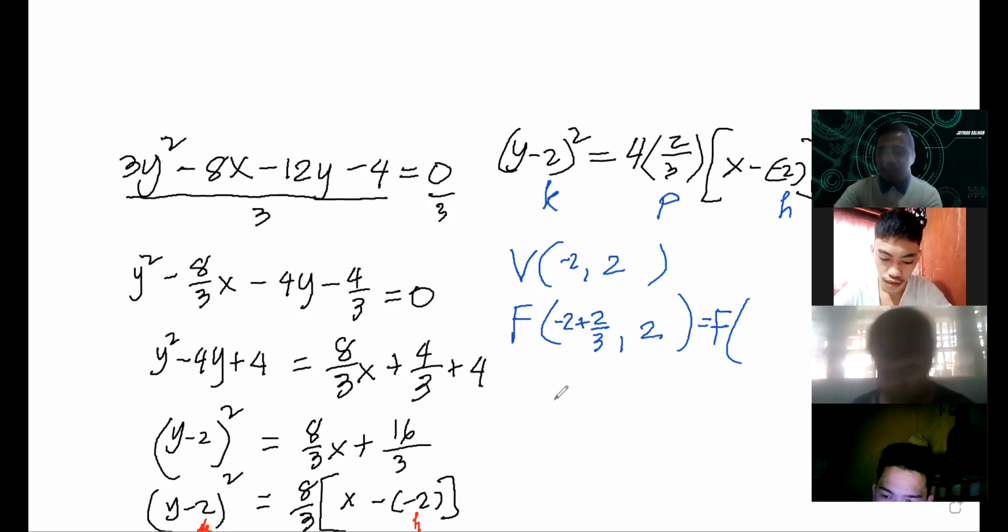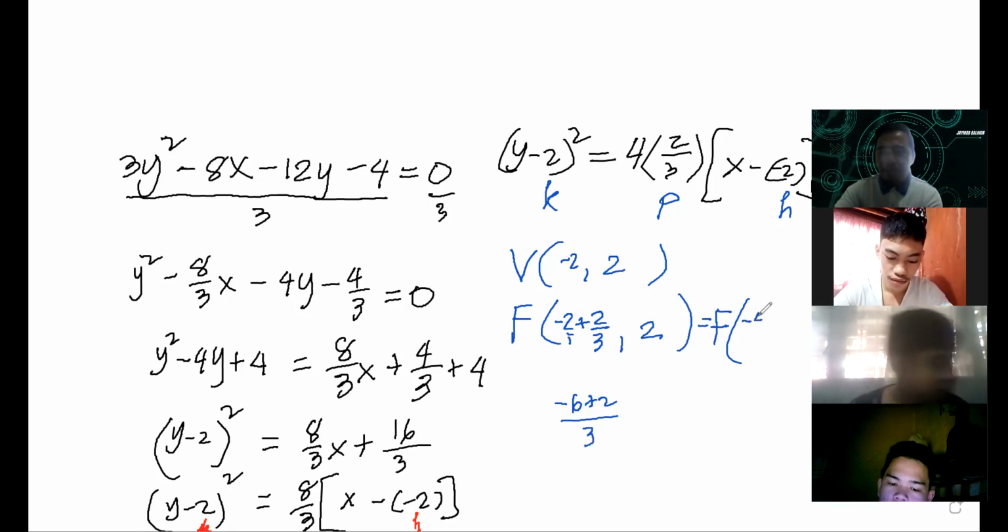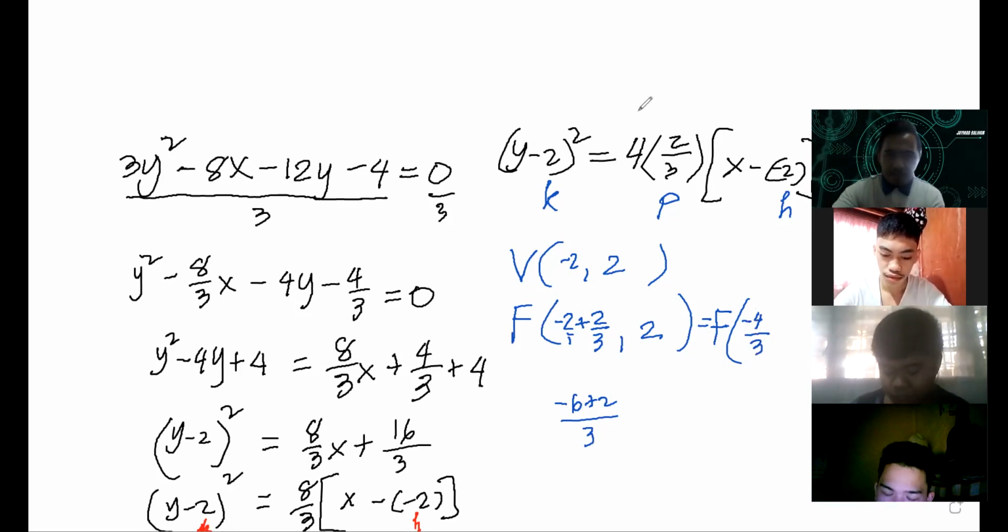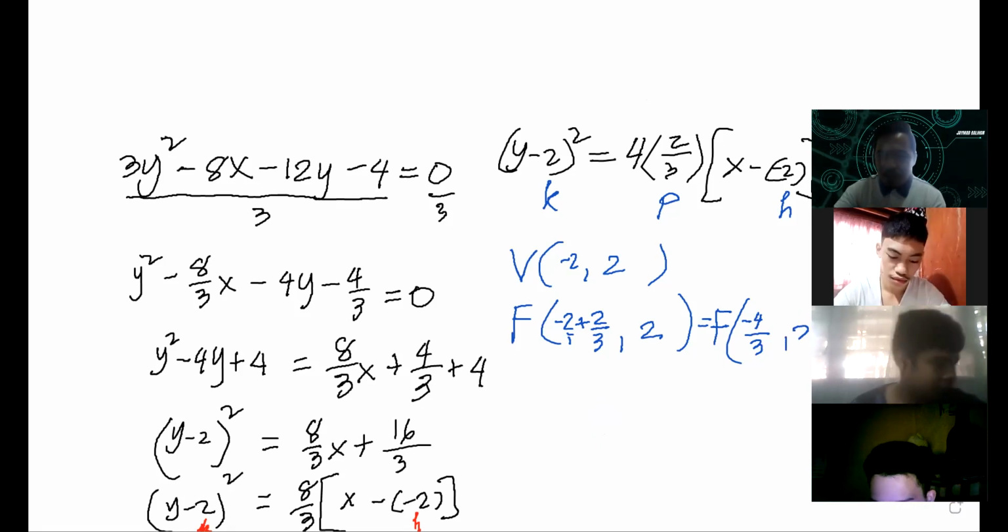If you add this, it becomes -6, right? This is 1 here, that is 2. Multiply 3 and 1, so that is 3. You simplify it, it becomes -4/3. That is the technique for subtraction or addition of fractions. The other one is only 2.